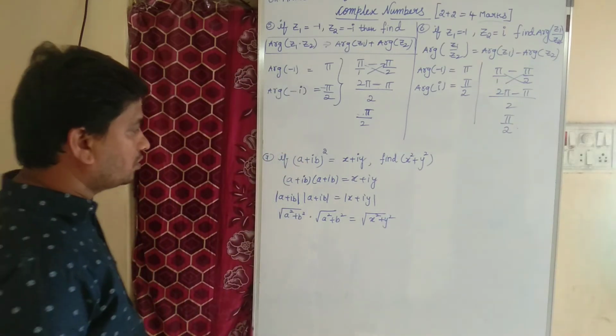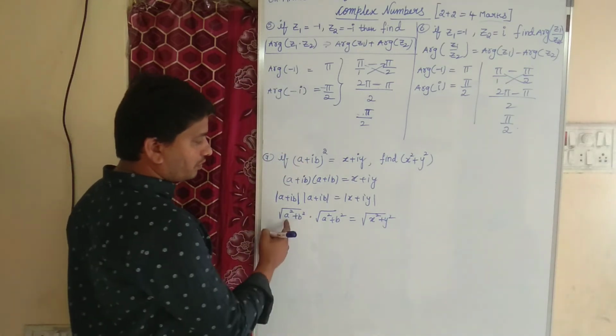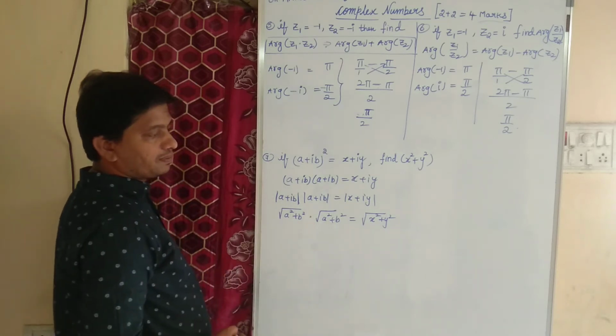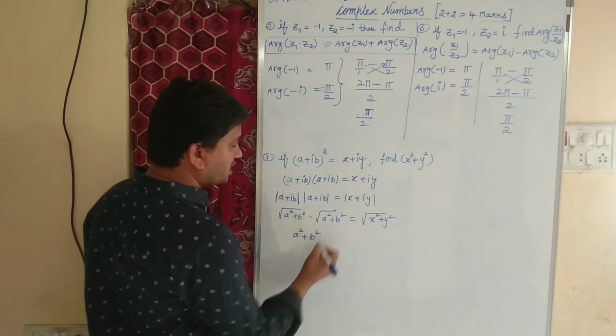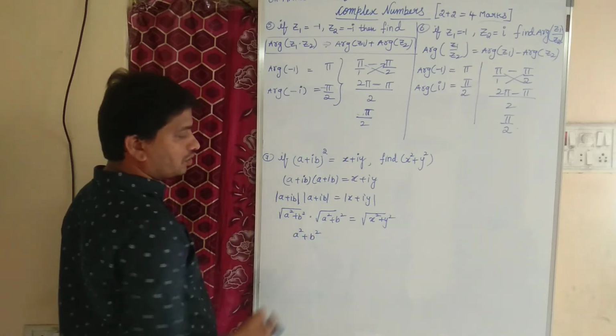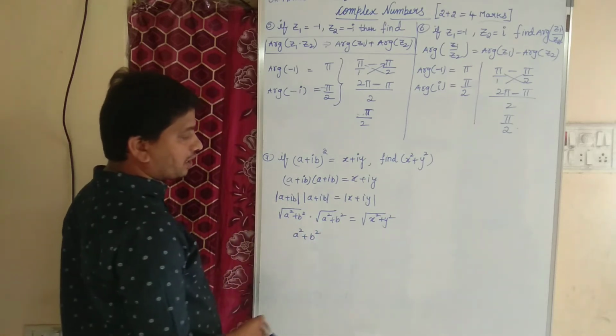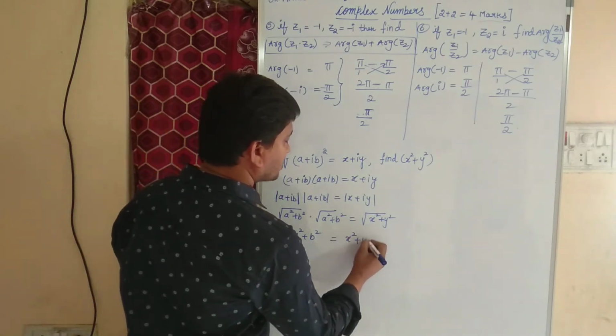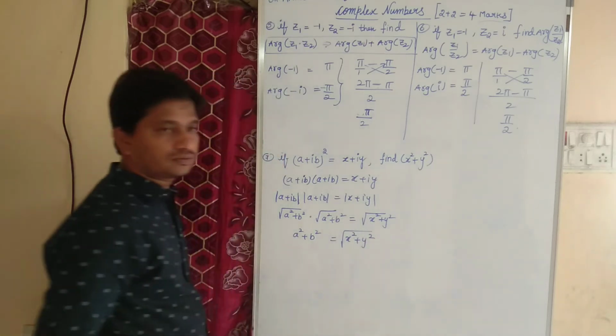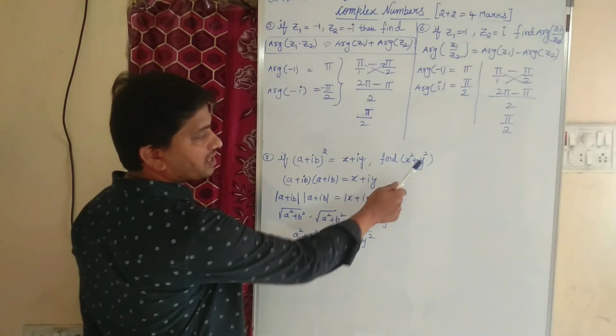Right? Now what you do? Root over a square plus b square into root over a square plus b square, I can write as root into root whole square, so it will become a square plus b square equal to root over x square plus y square. But they are asking to find only x square plus y square, right?